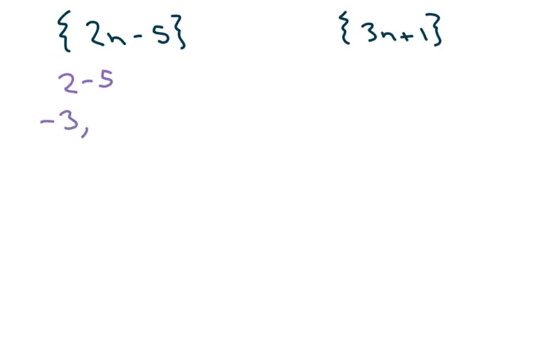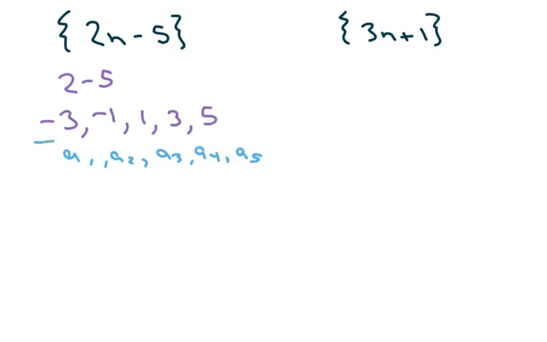And then you plug in 2, you get negative 1. And then you keep going, and you're going to get 1, 3, and 5. So this is your a sub 1, a sub 2, a sub 3, a sub 4, and a sub 5.